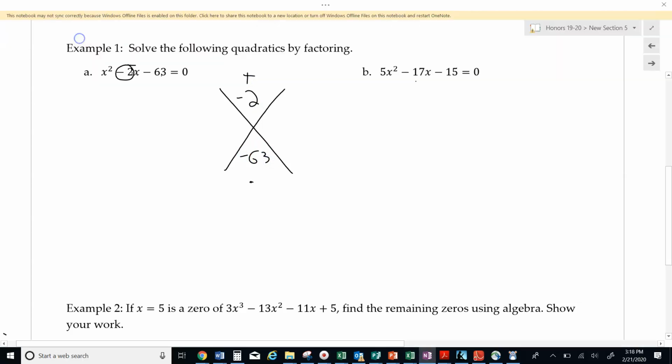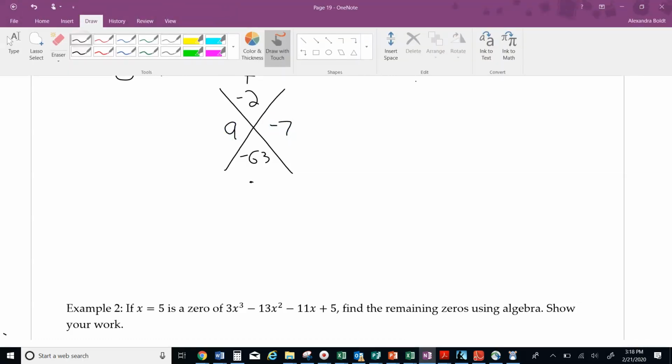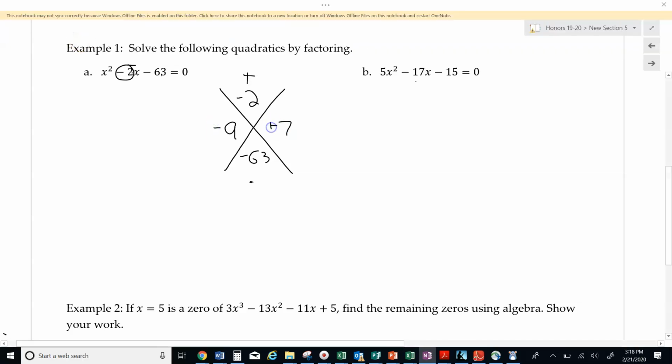Okay, so the two numbers we find are 9 and -7. 9 times -7 is -63, but 9 plus -7, no, that's wrong. -9 and 7, right? -9 plus 7 will give us -2. So we have x minus 9 times x plus 7 equals 0.